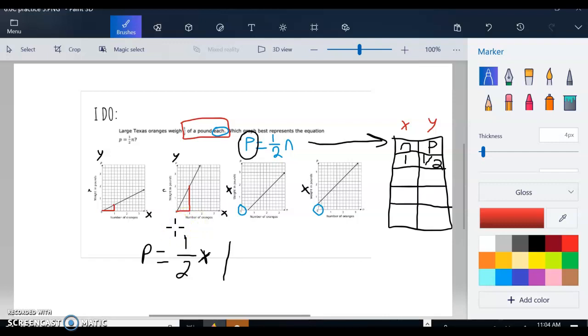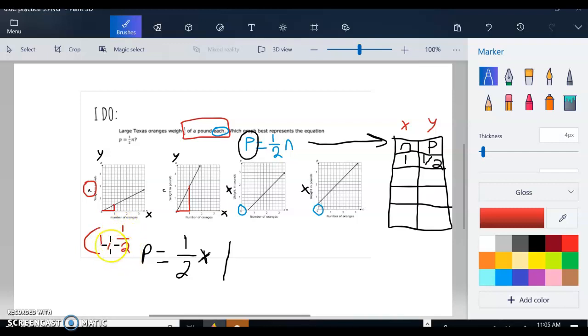So, which graph is correct? Well, answer choice A is going to be the correct graph in this case, because our x value was 1, and then our y value was 1/2.